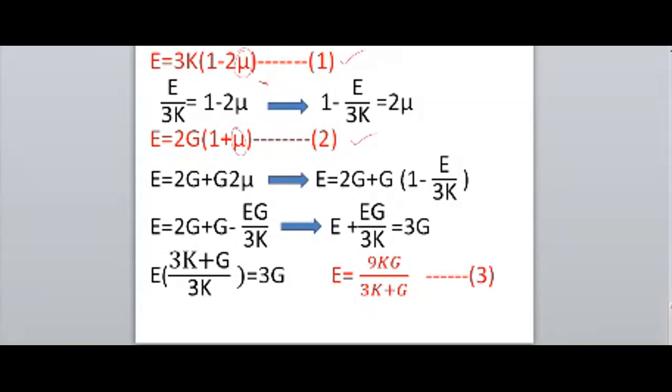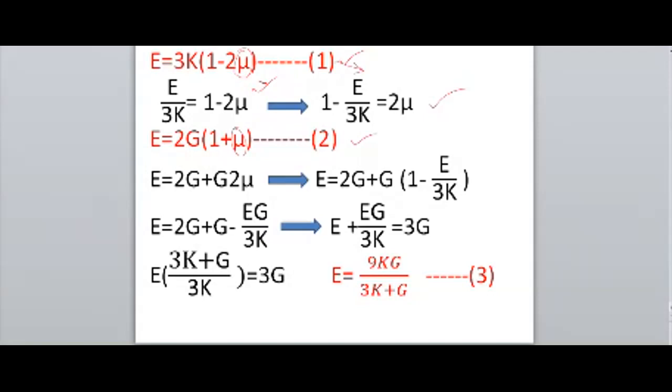So I am using this first equation. I am moving 3k to the left hand side, therefore I will get this equation. And I am moving the 1 also to the left hand side, so I will get 2 mu is equal to that. That is the first relation simplification.